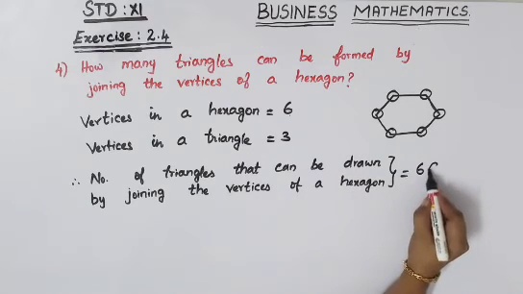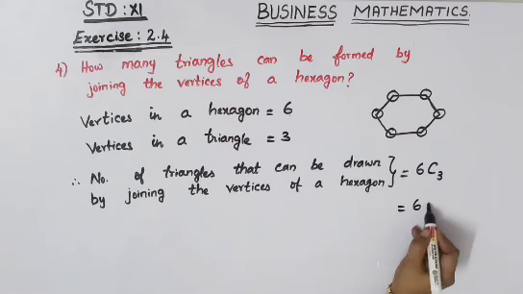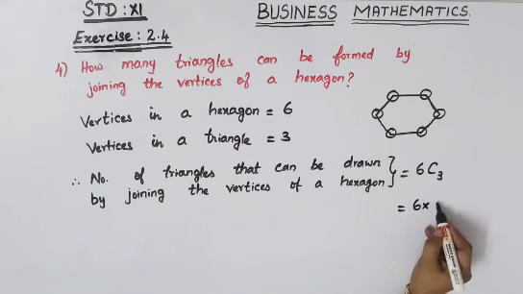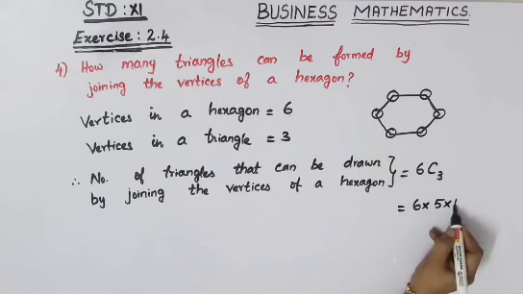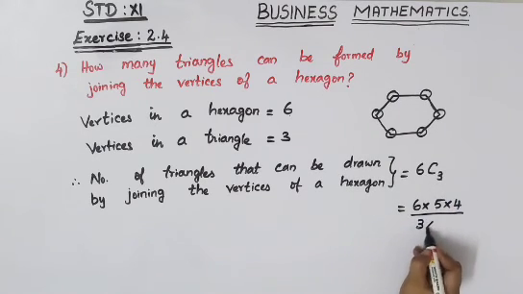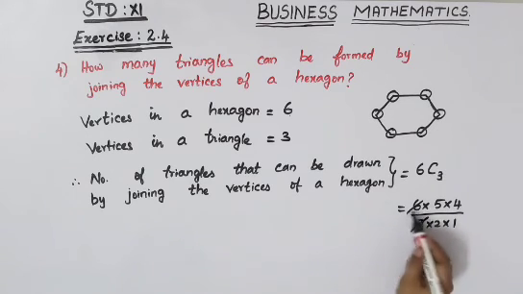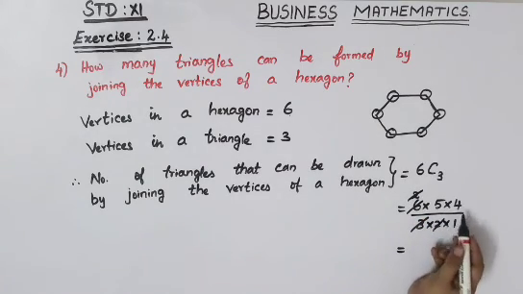Okay, so 6C3. So that is equal to 6 into 3 is there, so write 3 consecutive numbers, 6 into 5 into 4 divided by, start from this number, so 3 into 2 into 1. Now cancel it, 3 and 6 you can cancel, you will get 2. Again this 2 and 2 you can cancel it. So the left out terms will be 5 and 4.